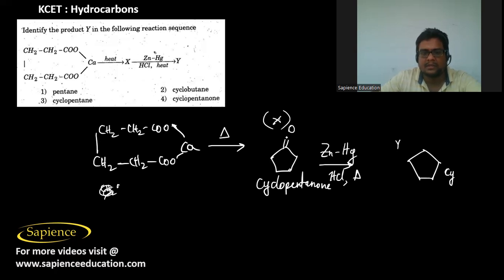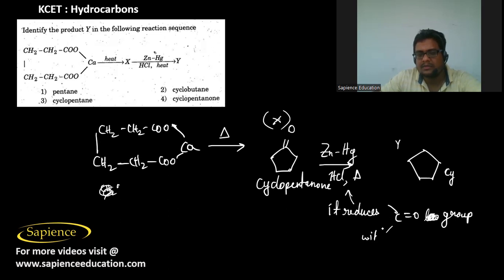Simply it will remove the double bond with oxygen. The rule is that when zinc amalgam is used with HCl, it reduces the CO group to a CH2 group.